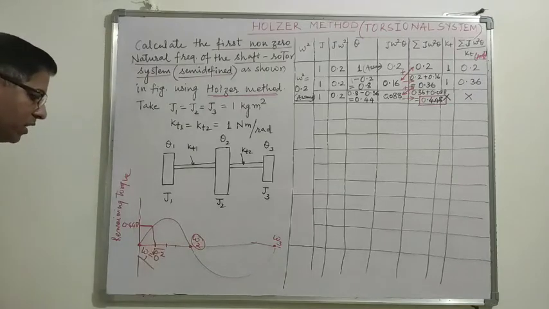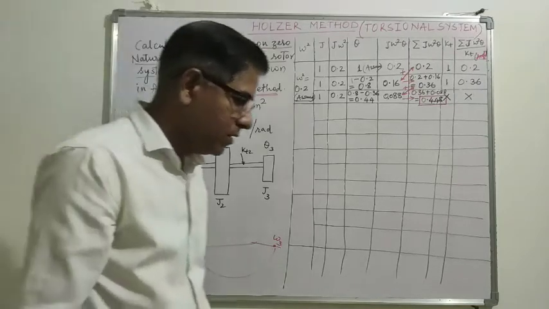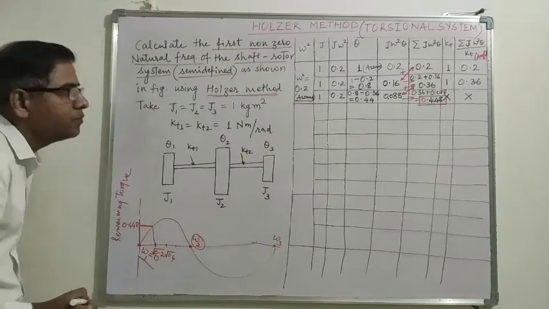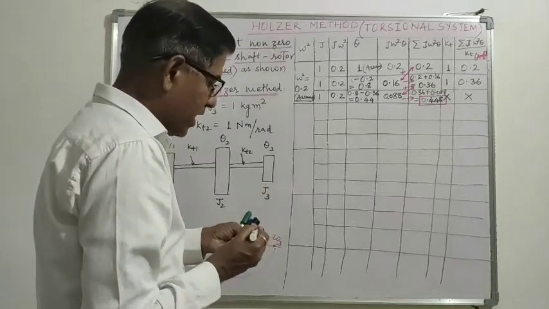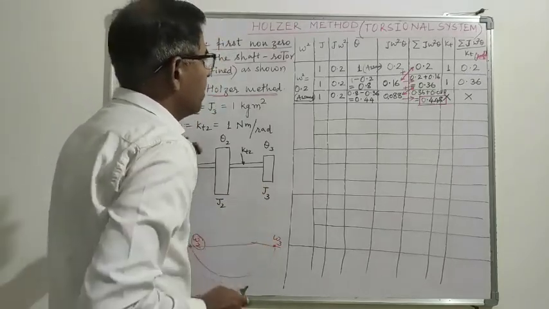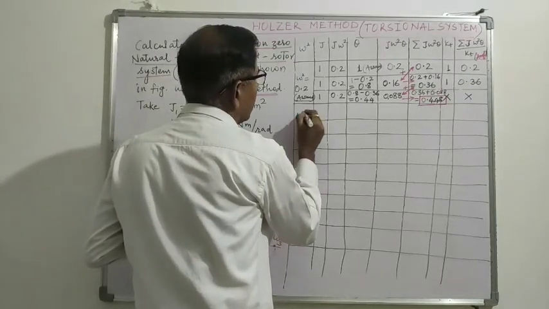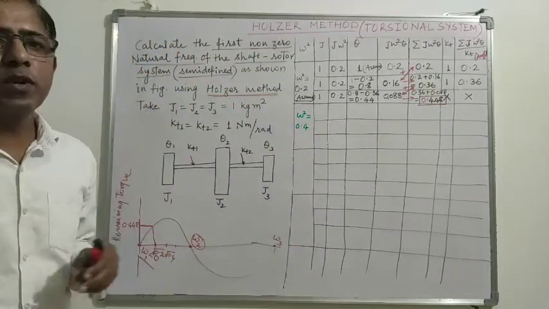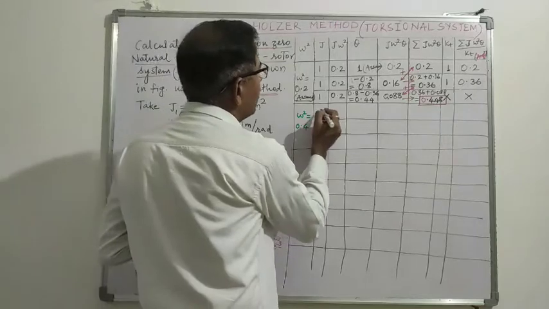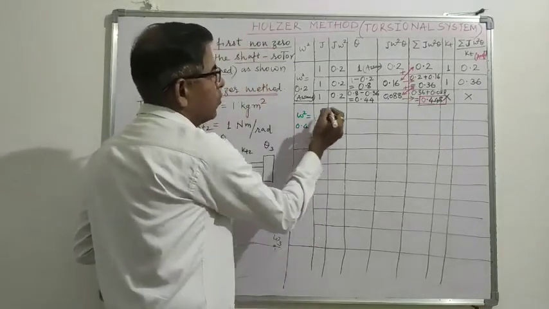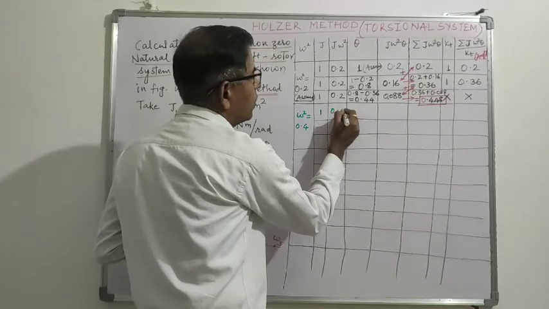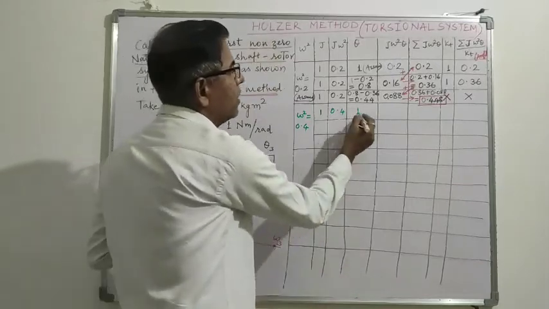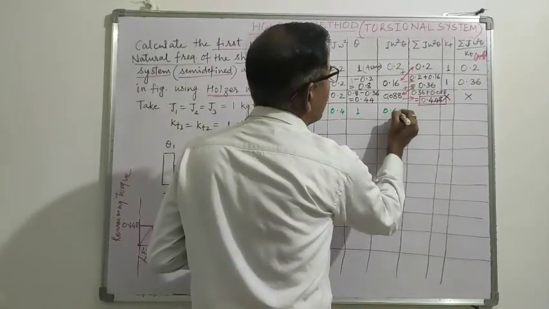So next we assume it as 0.4. So what value of omega will we assume? Root 0.4. That means what will be the value of omega square? Omega square is equal to 0.4. This we will assume. Now here also the value of J is 1, so 0.4 into 1 is 0.4. Now the initial value of theta is always 1, so 1 into 0.4 is 0.4.